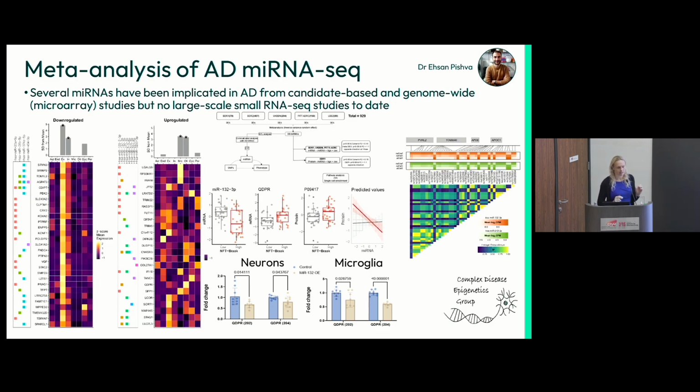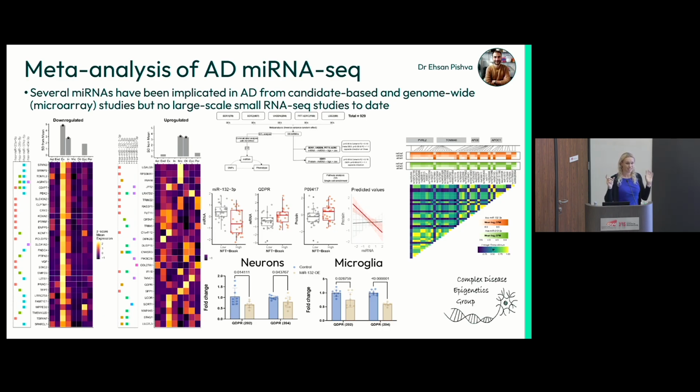Another really interesting thing with this is, as I mentioned, we went on to do some mQTL analysis to see whether there were any microRNAs driven by genetic variation. Based on our methylation changes, we thought we'd probably find loads. Actually, we only found one interesting microRNA QTL, between microRNA 132, I think it is, and ApoE.